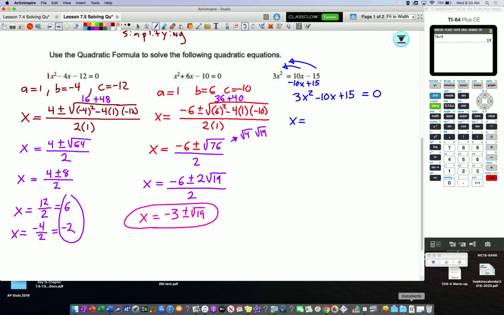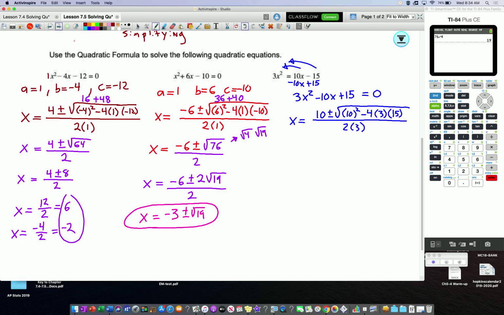x equals, opposite of b, 10, plus or minus the square root, 10 squared, minus 4 times the a value, which is 3, times the c value, which is 15, all over 2 times the a value, 3.